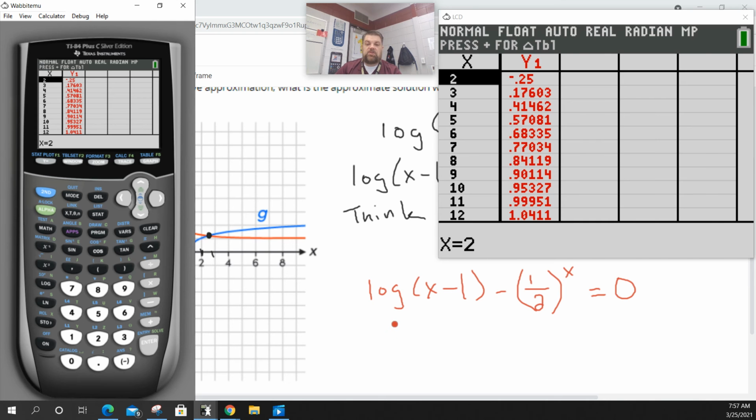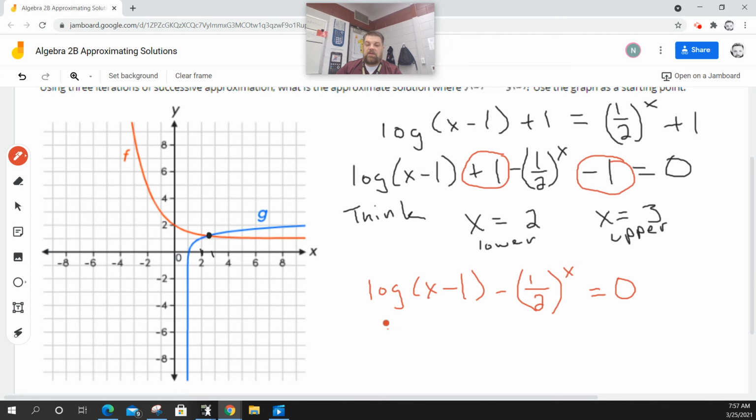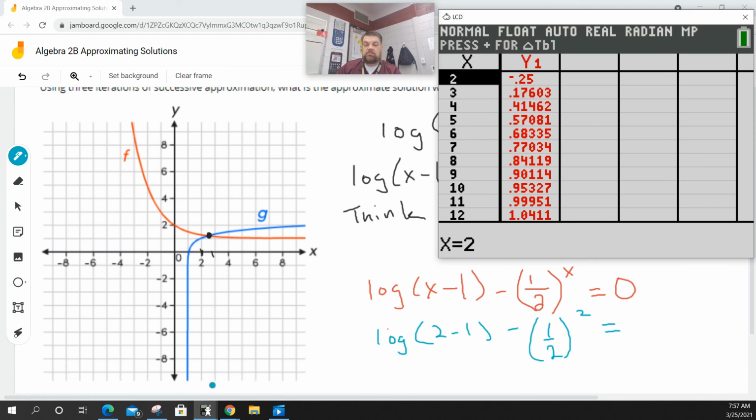So this function, log of 2 minus 1, minus 1/2 raised to the 2, is equal to negative 0.25.